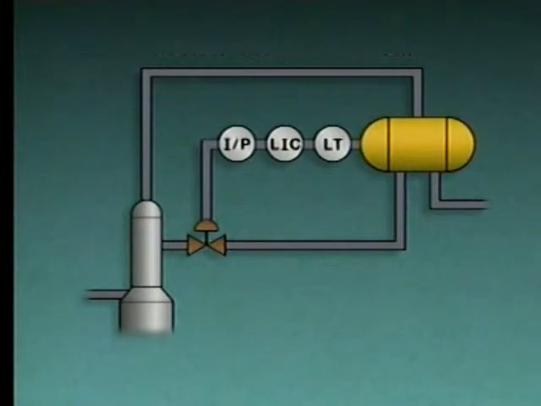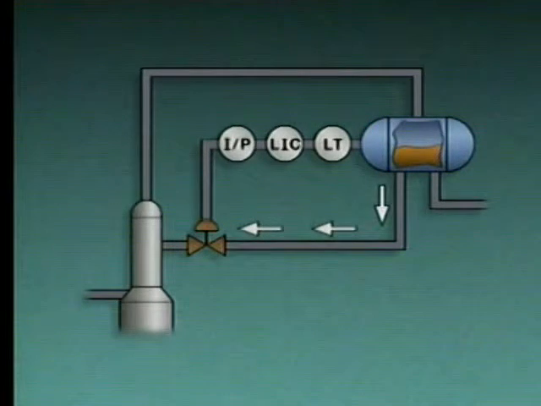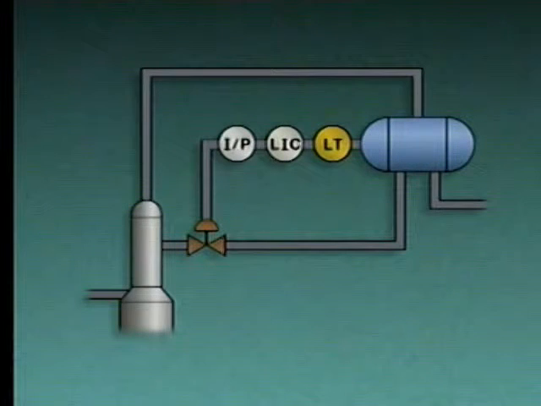In this system, an accumulator contains liquid that is returned to the tower as reflux to help control the temperature in the tower. With this system, the accumulator level controls the flow rate of reflux to the tower, which in turn controls temperature. The system consists of a transmitter, an indicating controller, an electronic to pneumatic or I to P converter, and a control valve.